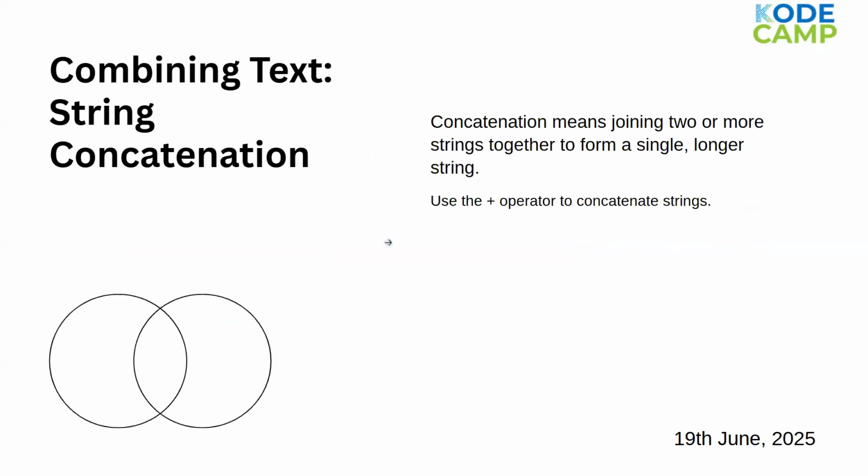Combining text in C# is regarded as string concatenation. So what does string concatenation mean? Often you would want to combine different pieces of text or variable values to create a complete message. Take for instance, let's say you are asking for the user's full name.